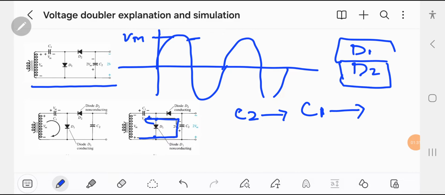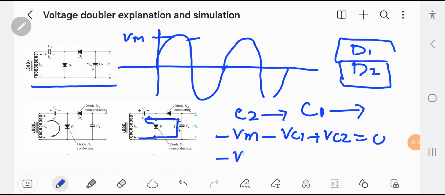So applying KVL, we get Vm, which is the input voltage, plus the voltage drop across C1 plus the voltage drop across C2, which is equal to 0. Now the input voltage is Vm and Vc1 is charged to Vm.